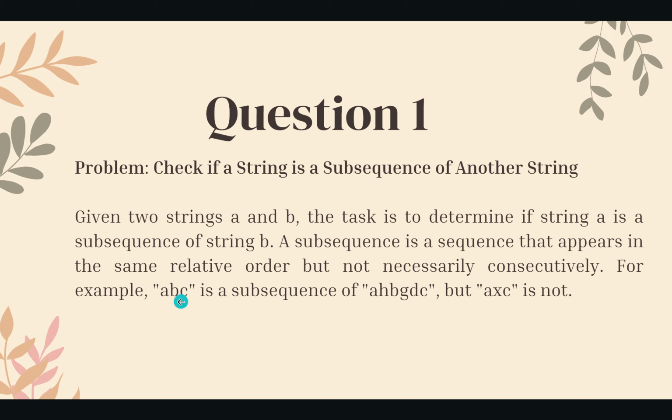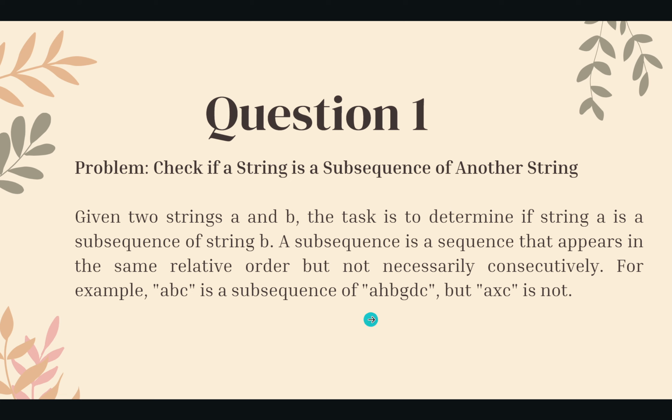Here B and B are equal, so i plus plus. Now i is at C and j is at B. C and B are not equal, j plus plus. C and G are not equal, again j plus plus. Now C and C are equal, so the loop ends as j crossed the second string length.